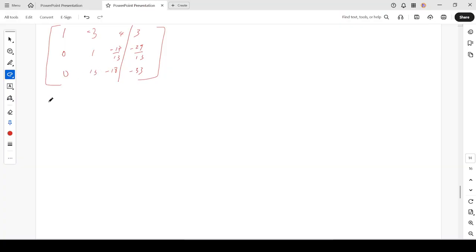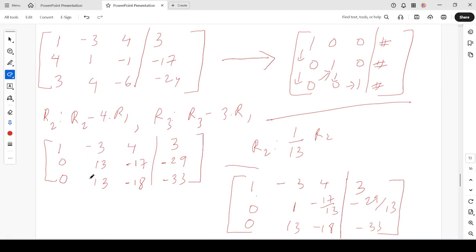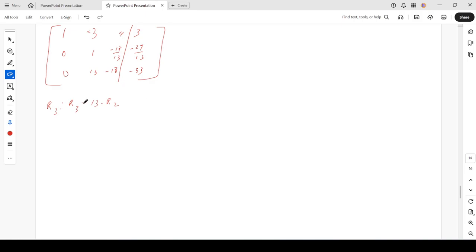So how can we do that? Take row 3 and then subtract 13 times row 2, which is actually this equation. I'm subtracting this from this. So 0 minus 0 is 0, 13 minus 13 is 0, negative 18 minus minus, plus 17, is negative 1.